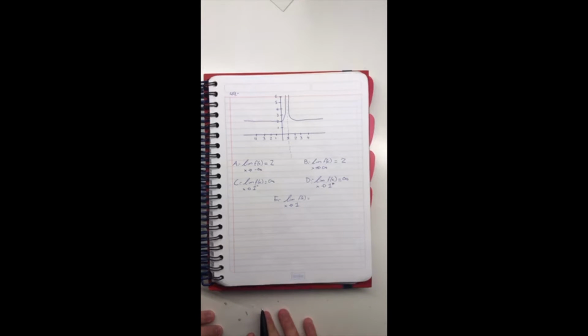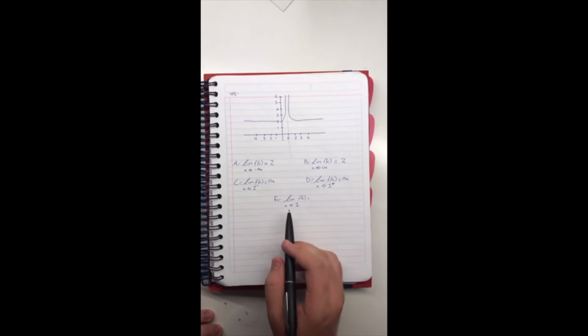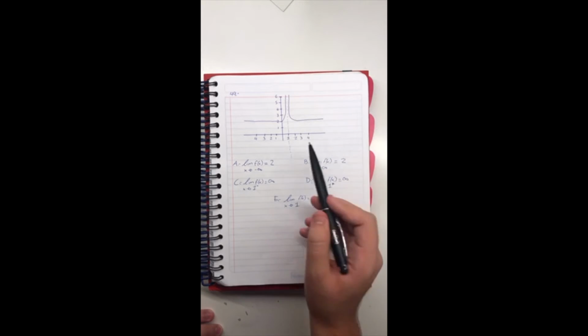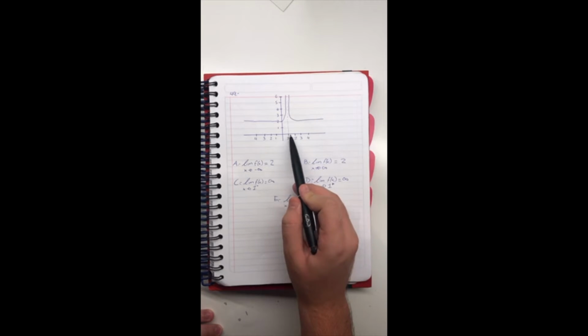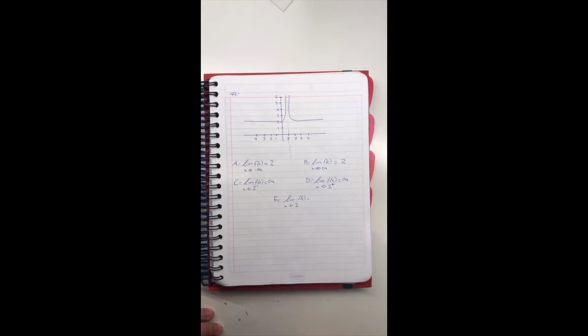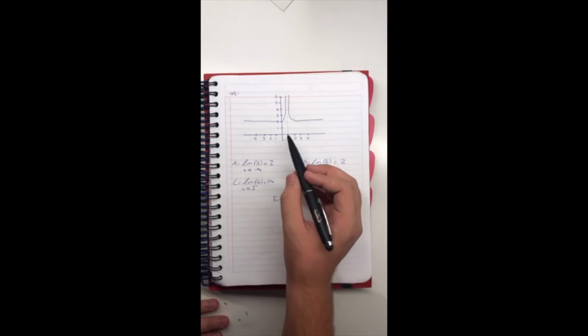And letter E, limit of f of x as x approaches 1, we have to see. We have to approach 1 from the left and from the right, and we have to see which one it will be. So in this case, since the number 1 is a vertical asymptote, what we do is check on both sides.